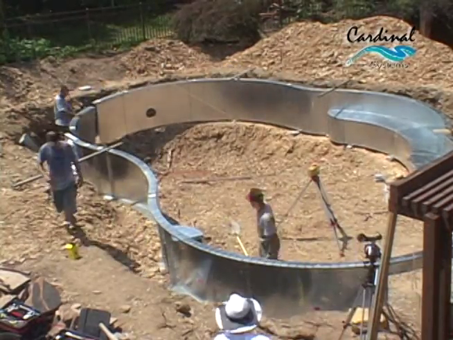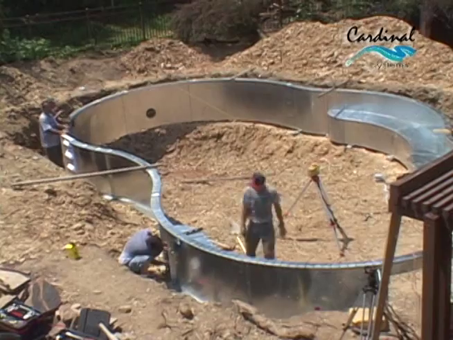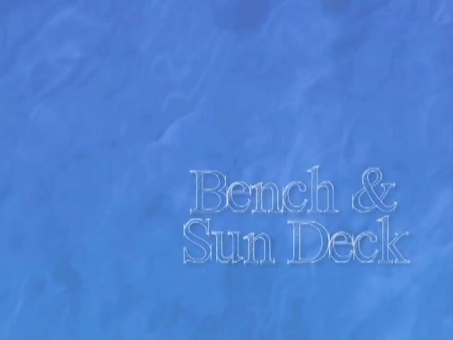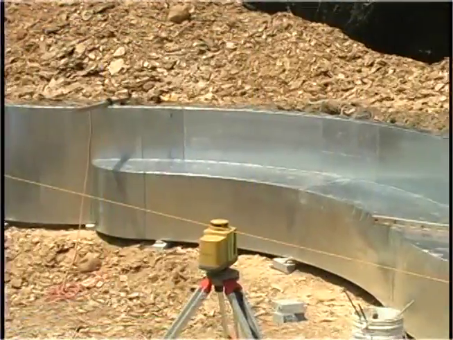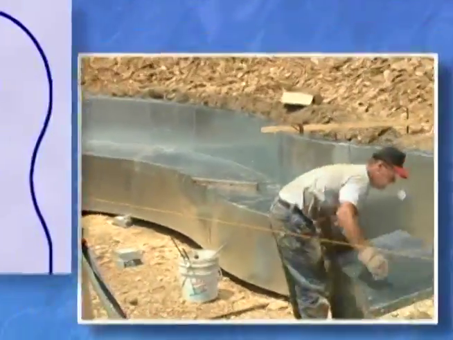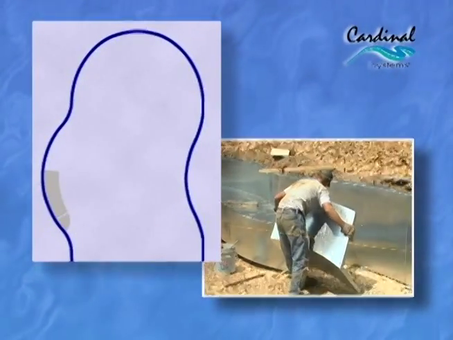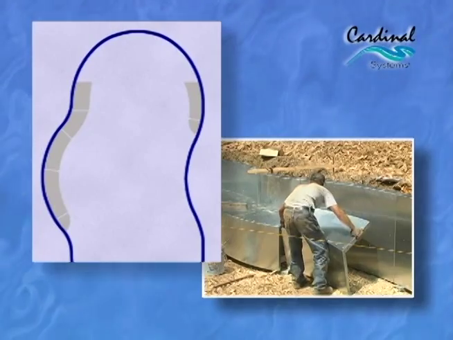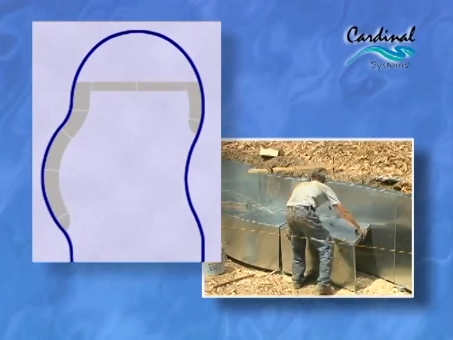Once all the panels have been installed, it's time to focus on the bench assembly. Bench components are put into place, brought to level, and affixed to the panels with nuts and bolts through the panel walls. Be sure to install all supports as required in the pool diagram.